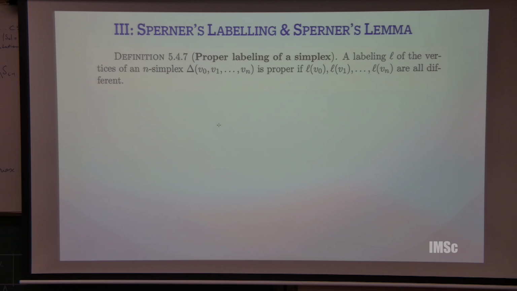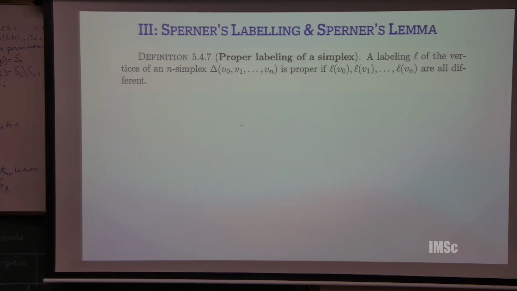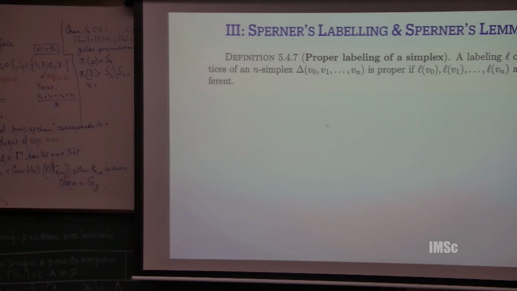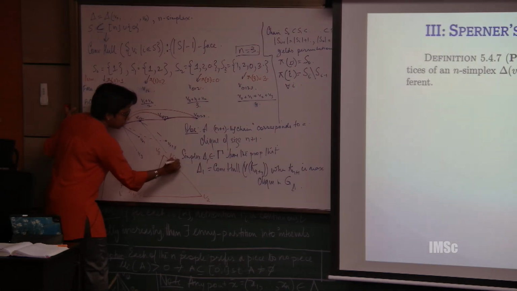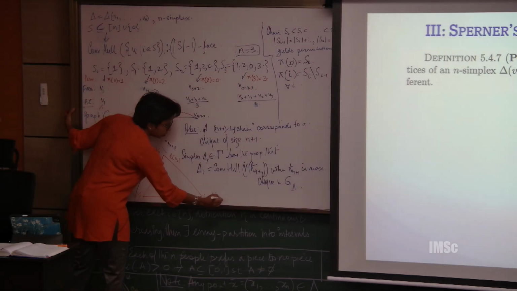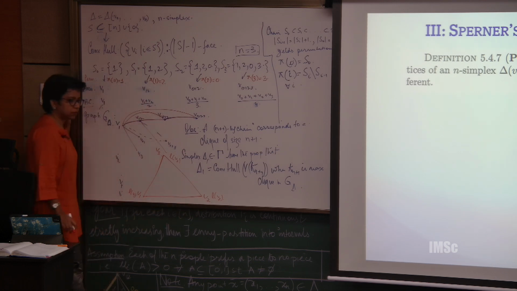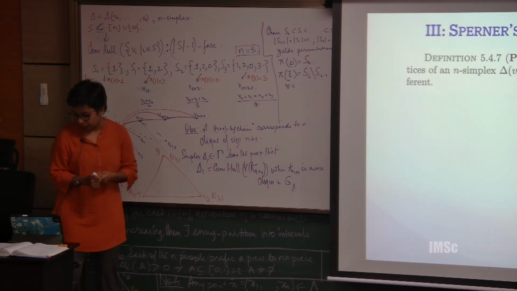Suppose this is a V1, V2, V3 triangle. So, L of V1 will be different from L of V2, which will be different from L of V3. That is what this is.